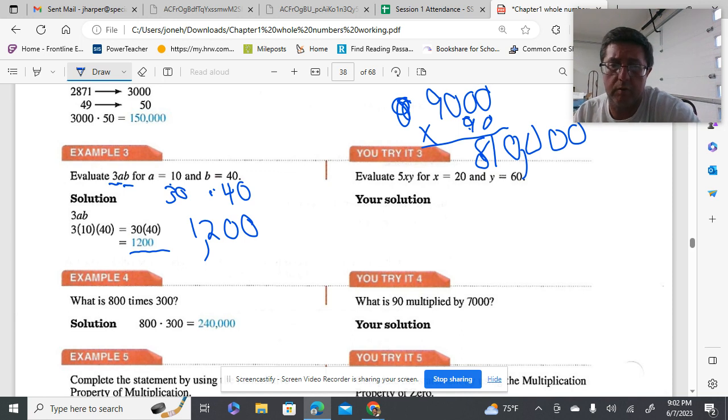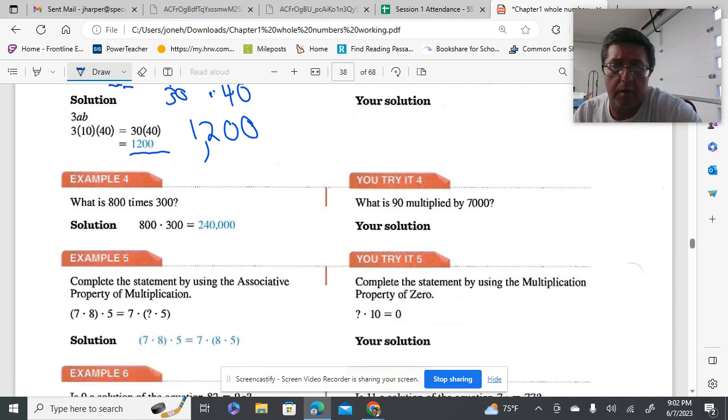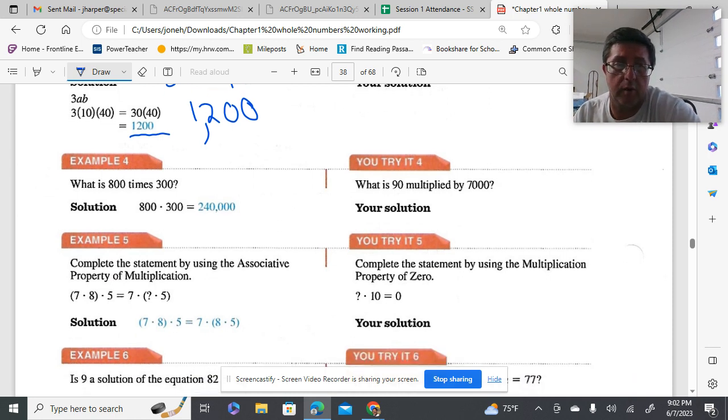So we can do the rest of these, but again, I don't see it being that important because I want you guys to remember to use your calculators. So, for example, 4. What is 800 times 300? Well, we could do 8 times 3 is 24. Then we would go 1, 2, 3, 4 zeros.